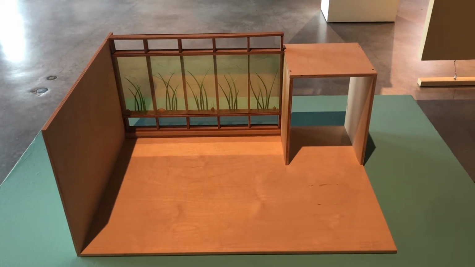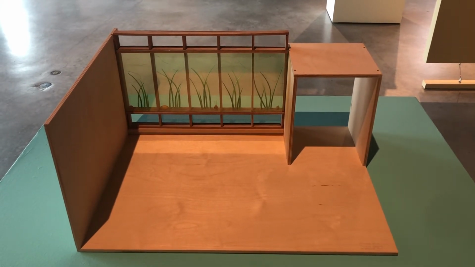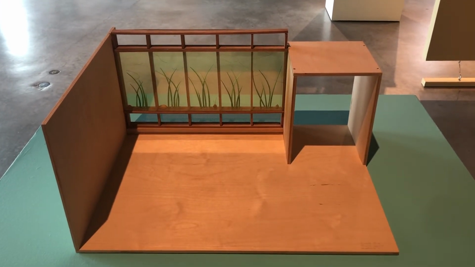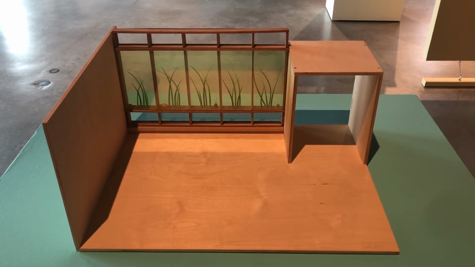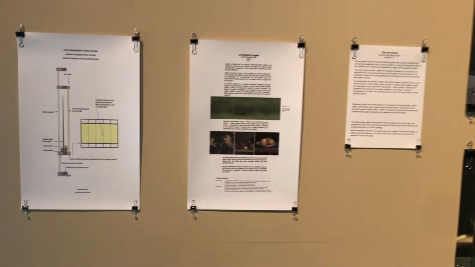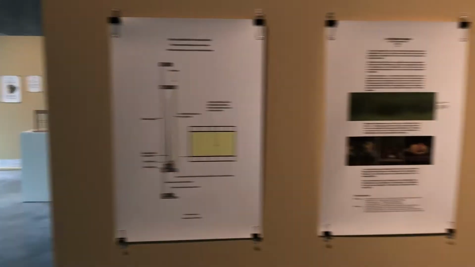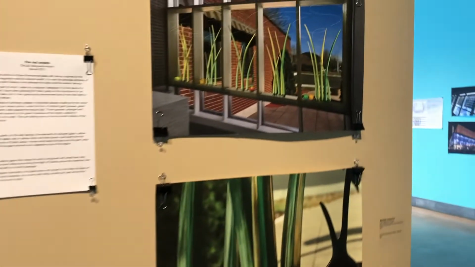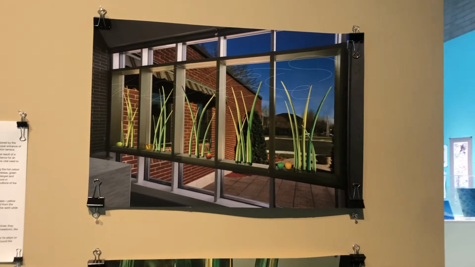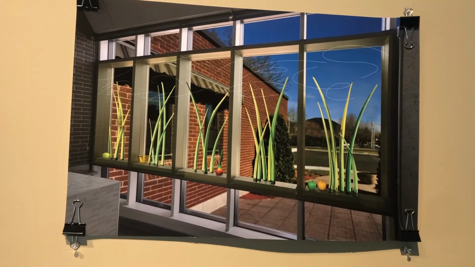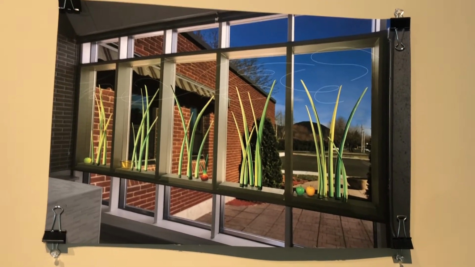This is another one of Laplante's pieces. It's a really detailed maquette of red onions. This was finished in 2011. We can see some of the plans for the glass works. And over here, some really great photos of the finished product. The really interesting thing about this is that the glass work is encased.